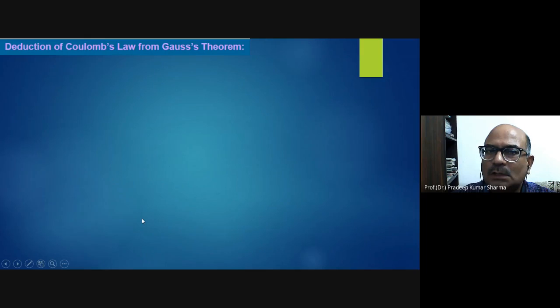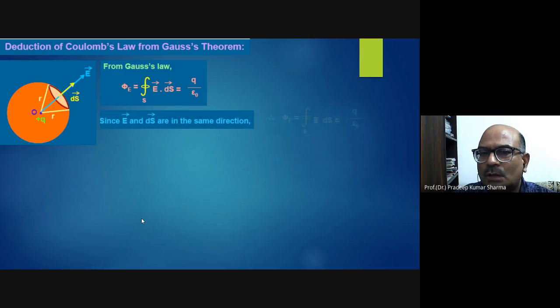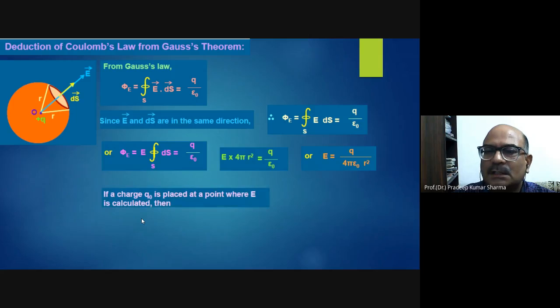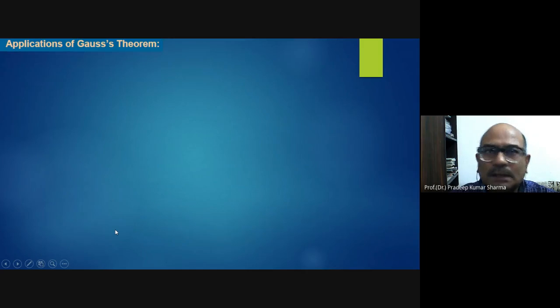We also deduced Coulomb's law from Gauss theorem, again using a point charge surrounded by a hypothetical surface. After calculating the electric field, we calculated the force by using a positive test charge near it, which gives Coulomb's law. Now we are going to discuss one by one the important applications of Gauss theorem.